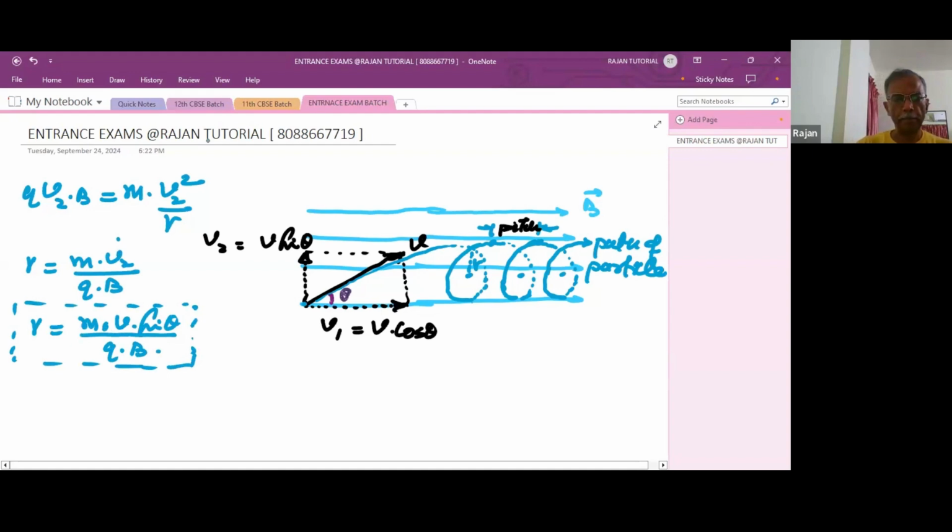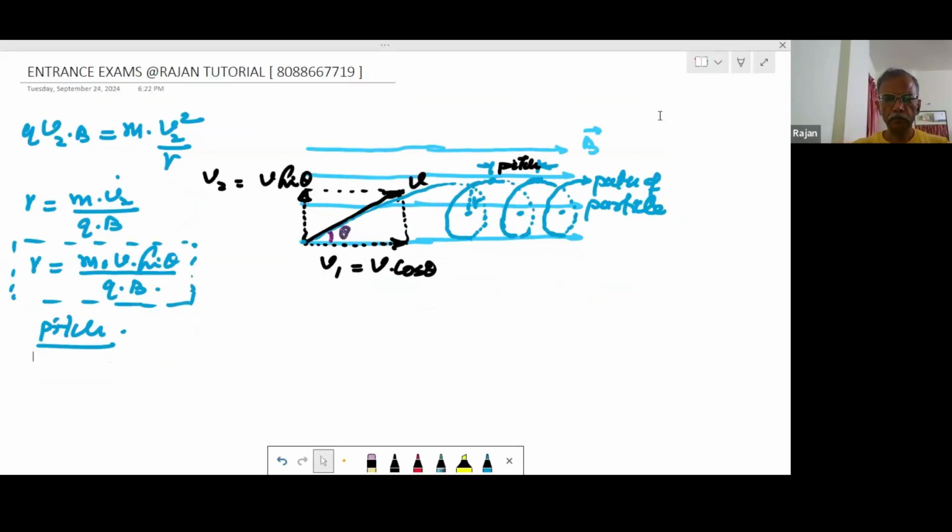Now, the other thing, pitch. Before reaching the pitch, one more thing we must see, and that is the time. We'll be taking basically the time period. How to find the time period?